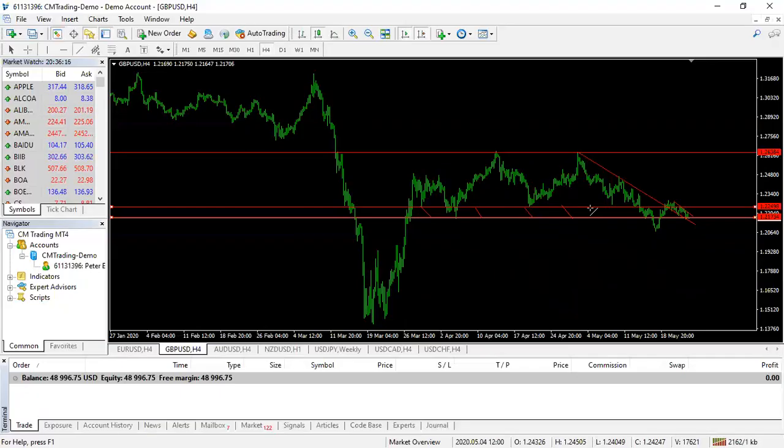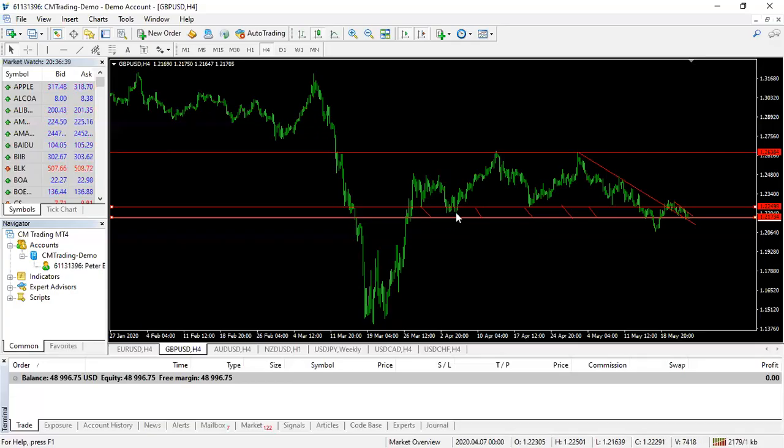So supply is the same as your resistance, demand is the same as your support. In this way, if there's a lot of supply, the market could likely drop in price. But if there is a lot of demand, the market is likely to go up in price.